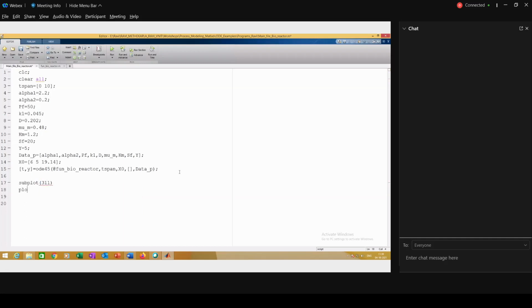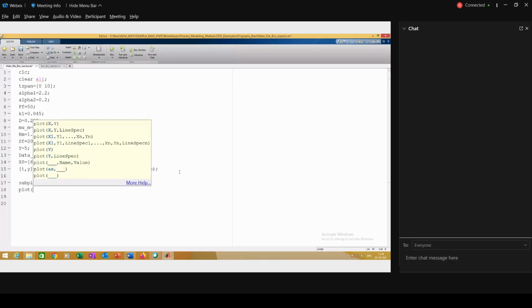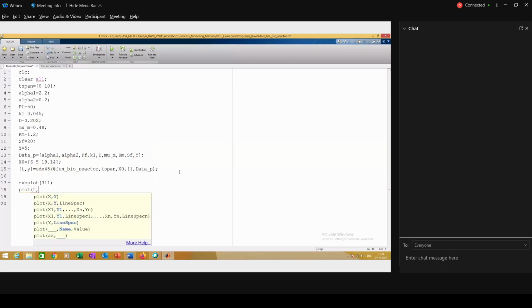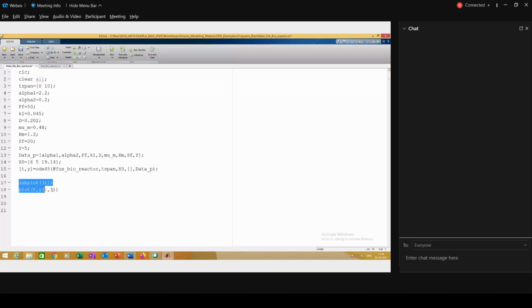Then plot t comma y, where I need to plot all the rows of the first column. That's the first one. Correct. Then I will have subplot 3, 1, 2. Here is 2. There is 3. Here is 3.